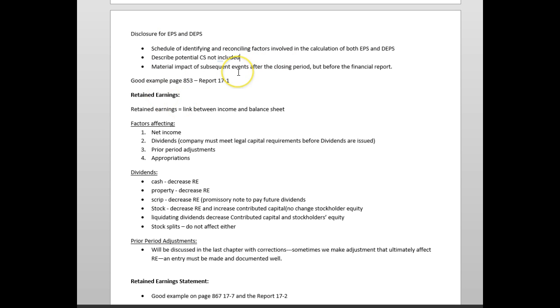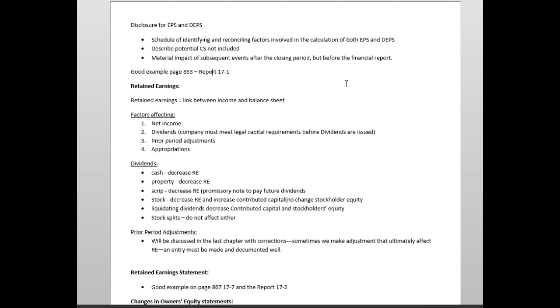And then you're going to have to look at whether, after the financials have been made but before they've been published, there are any subsequent events that will affect the EPS or the DEPS. So those are 3 things that really need to be watched for in the disclosures. A very good example of that is on page 853, report 17-1.